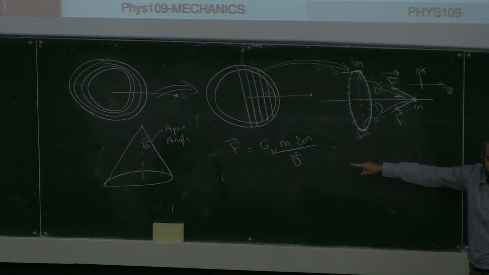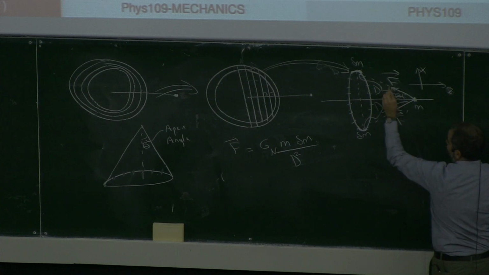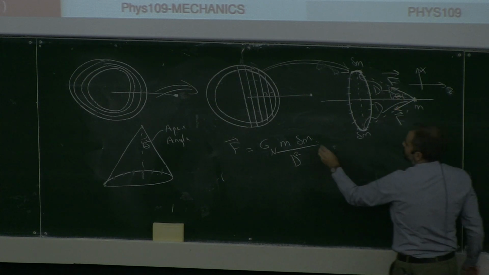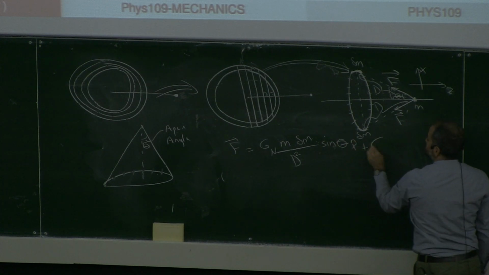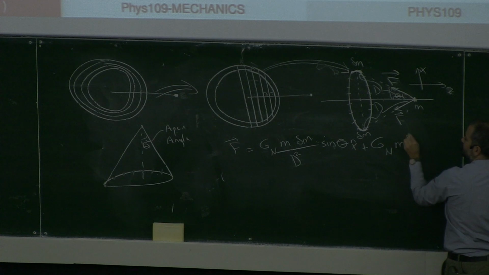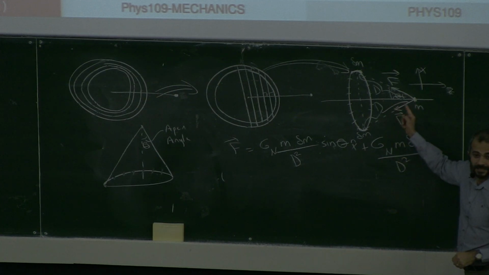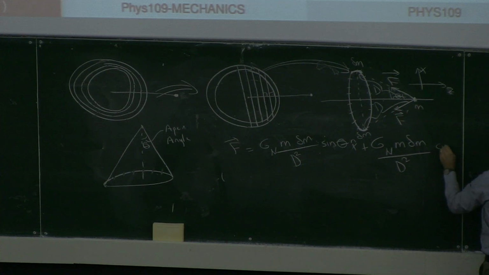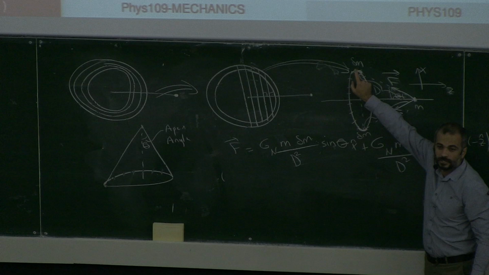This is the magnitude of the force. It has a component in the x direction, given by sine theta in the x direction, plus G m delta m over d squared times cosine theta in the minus z direction. This is my F, the force created by this mass over here.